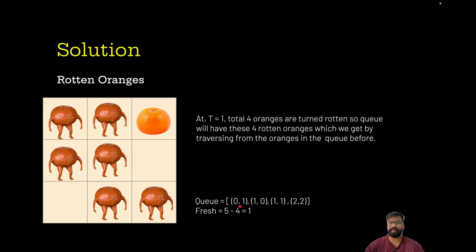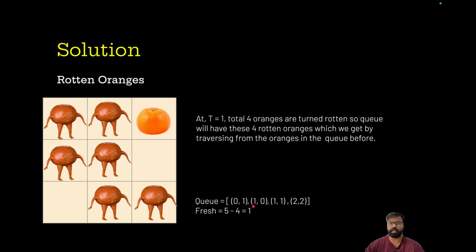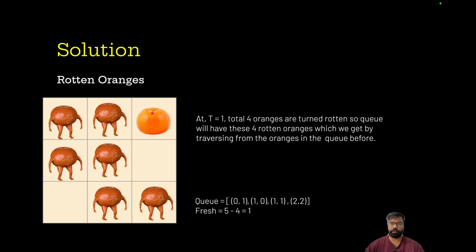Okay, because it is at distance 1, their neighbor is going to be at a distance of 1 plus 1, meaning 2 from our beginning or the source node. Okay, so if I calculate the neighbors, then I can see that after this stage there is only a single orange that is the neighbor for these four particular nodes.